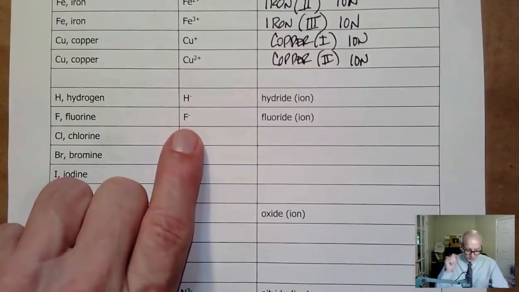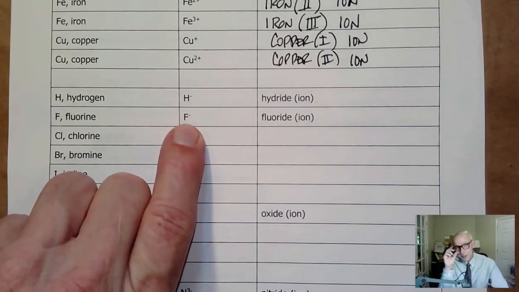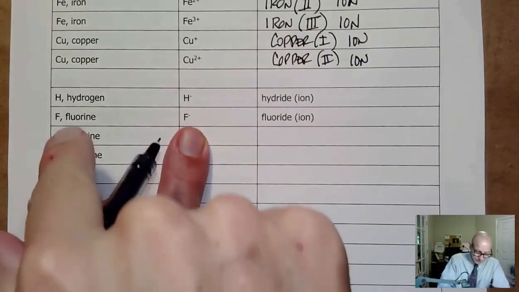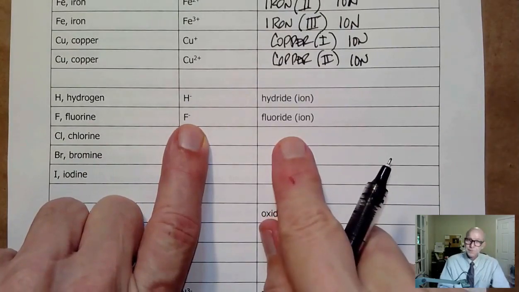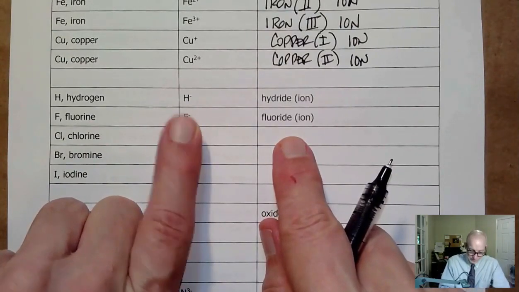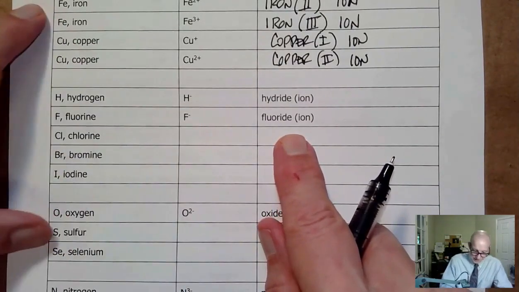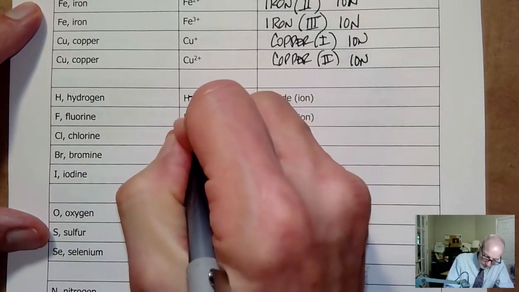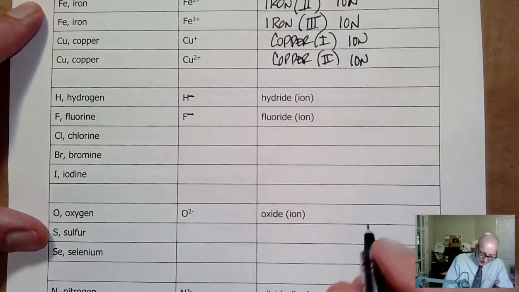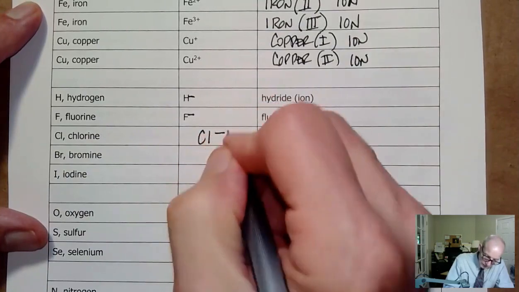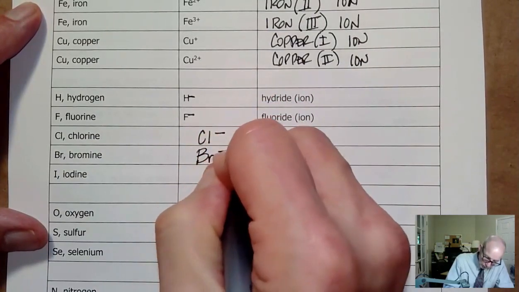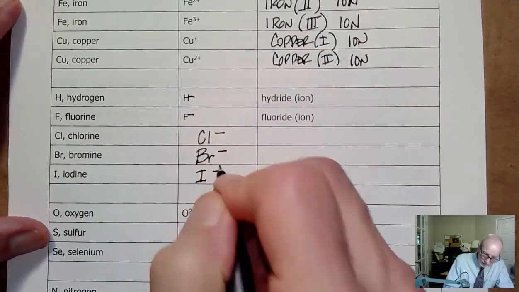Dental hygiene folks, when you talk about what's in a toothpaste, you don't say fluorine in toothpaste, you say fluoride. Hydrogen, when it's an anion, I don't say hydrogen, I say hydride. Similarly, chlorine minus, bromine minus, iodine minus.